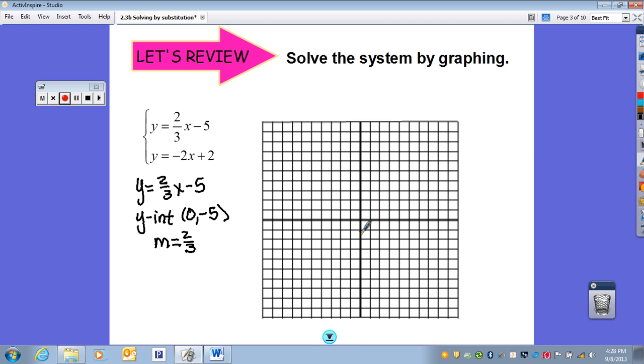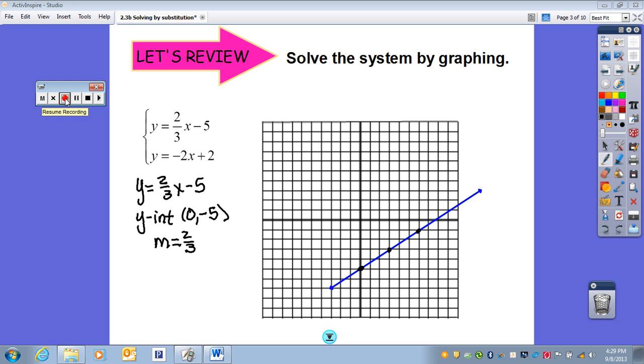So on our graph, we'll start by putting in the y-intercept, and then we'll use our slope to find our remaining points. We're going to go up 2 and over 3 and continue up 2 and over 3 and draw in our line. Then we're going to label that line as y equals 2/3 x minus 5.